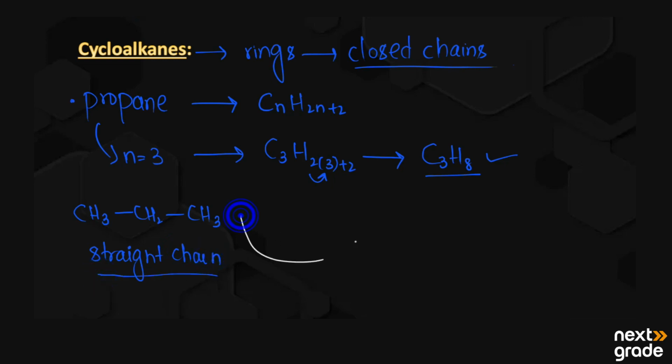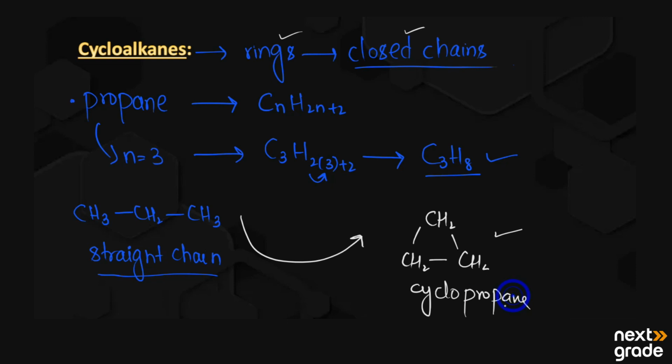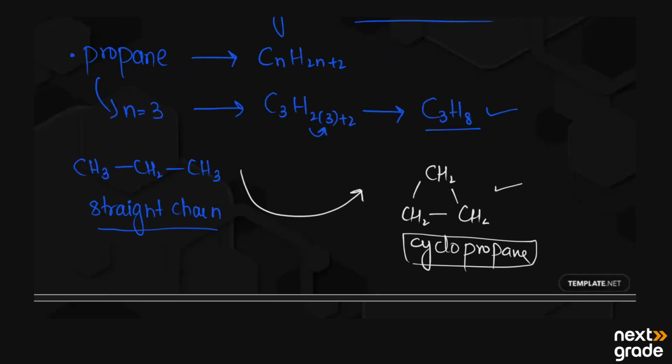When we have its closed or ring chain structure, with CH2, CH2, and CH2, this is the closed chain structure of propane, and its name is cyclopropane. Likewise, butane becomes cyclobutane, and next we have cyclopentane.